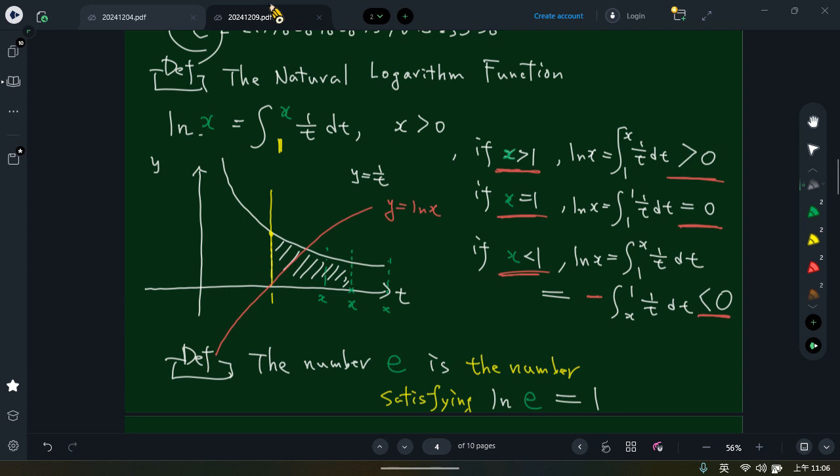Move to 1.5, you can get the area. Only when the size of the area reaches 1 will you stop. When x makes the area size equal to 1, you stop there, then the number will be that number e.